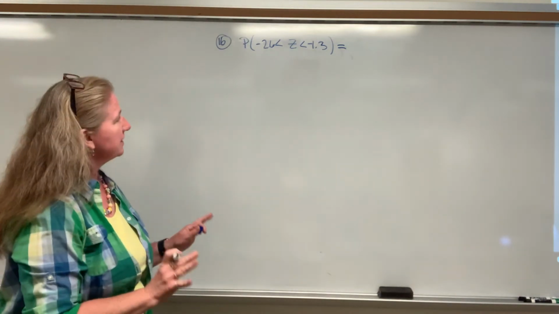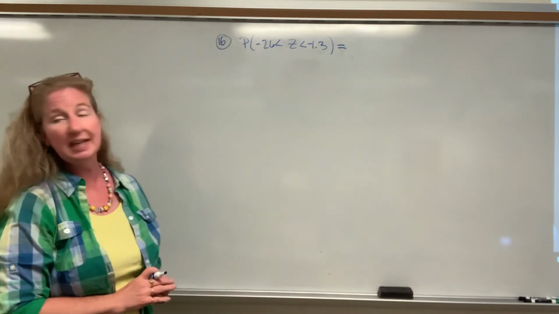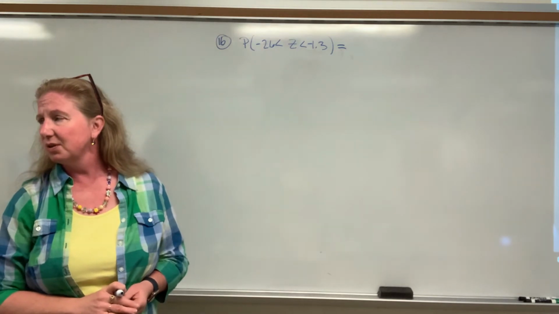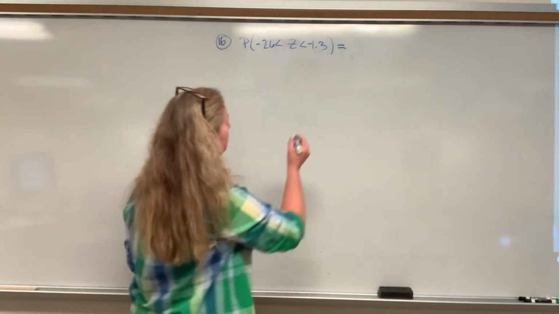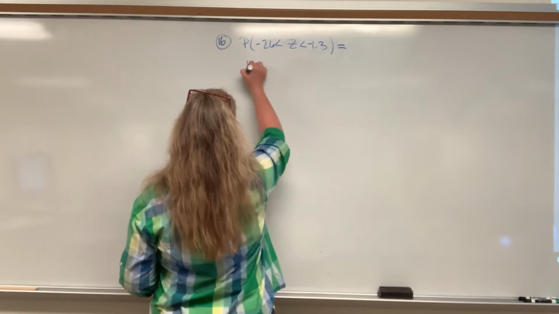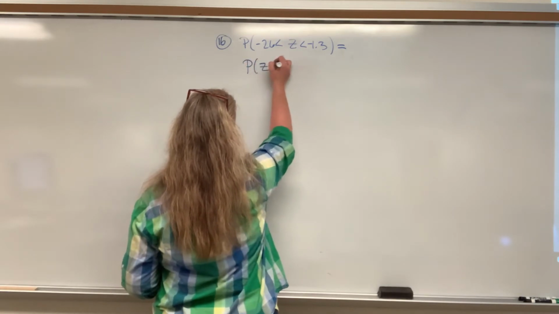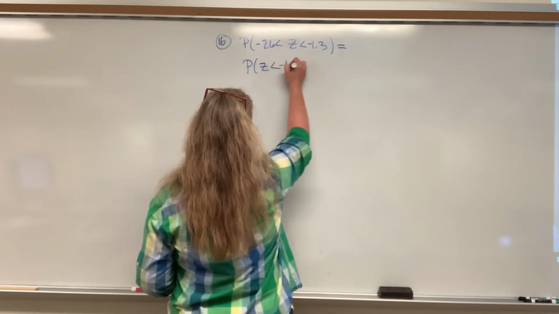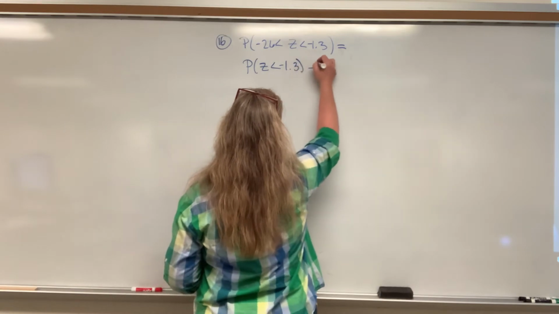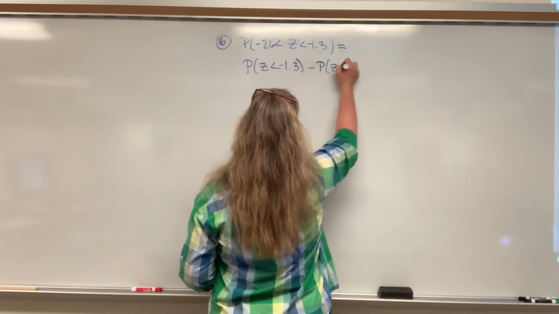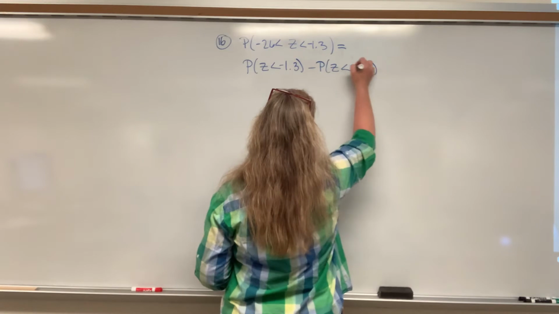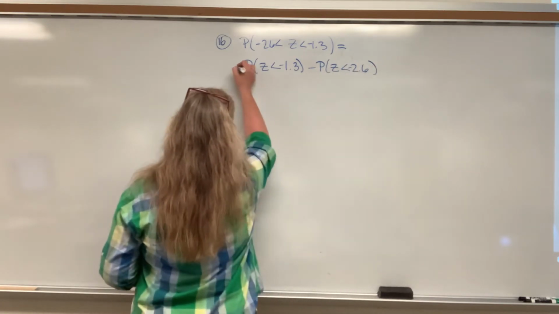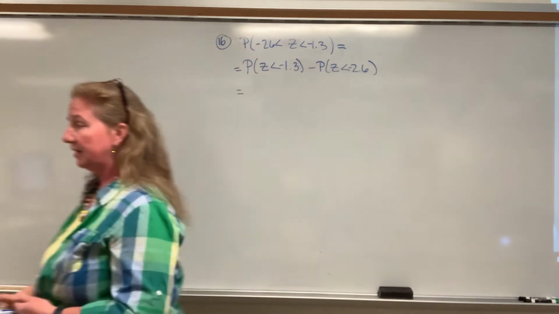I'm going to do this one quickly, it's 0.092. But how do I get that? The probability that z is less than negative 1.3 minus the probability that z is less than negative 2.6. Let's look those up on our handy dandy probability chart.